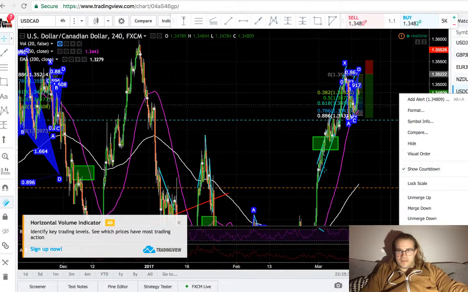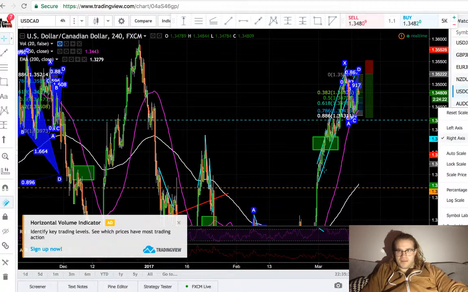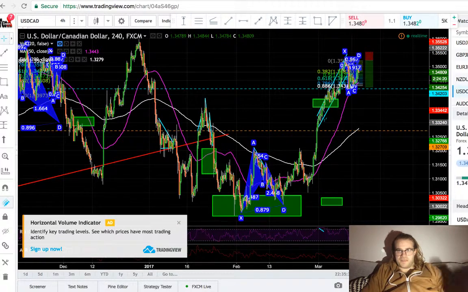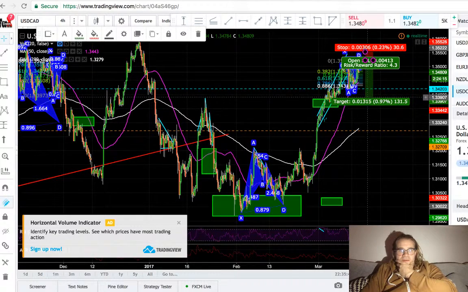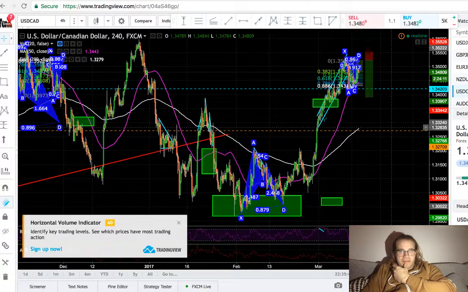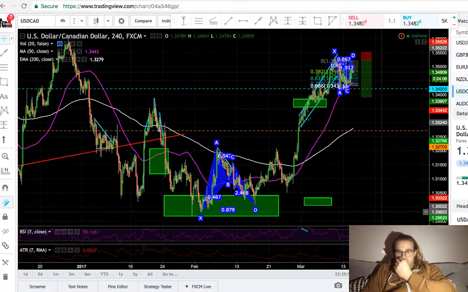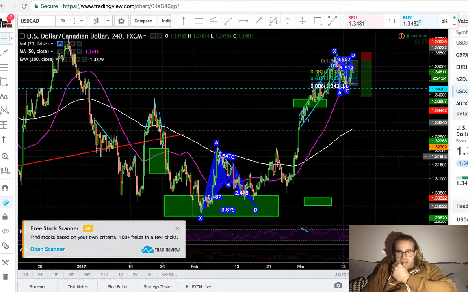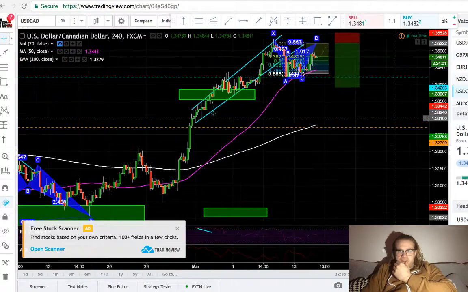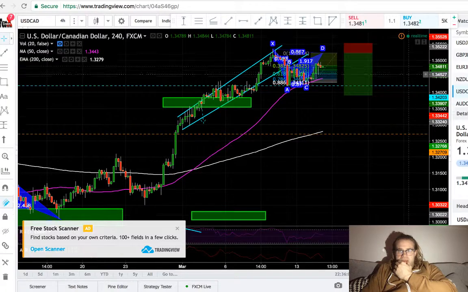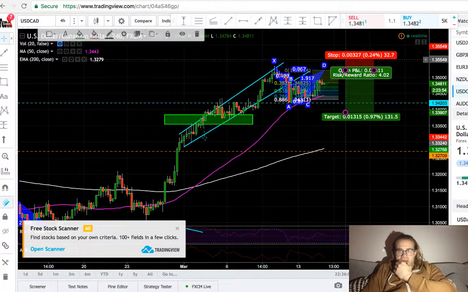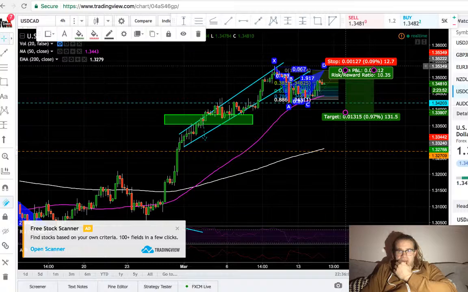I'm going to auto scale this. I think we could shoot for at least down in here, which gives us a fantastic risk reward. I'm actually willing to risk a little bit more here. So I would probably go 30 above, so 45.